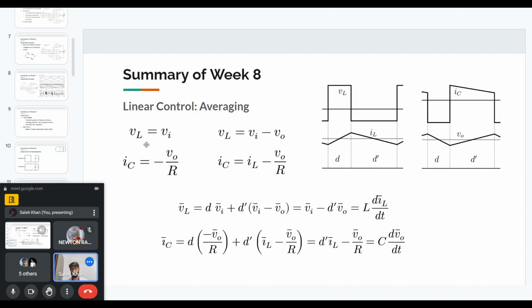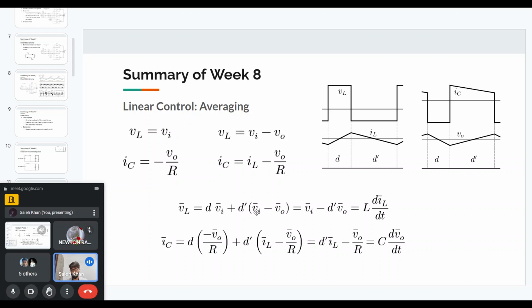Now that we have the expressions in the D interval and the D prime interval, we find the average inductor voltage, which will be D times the voltage in the D interval plus D prime times the voltage in the D prime interval.